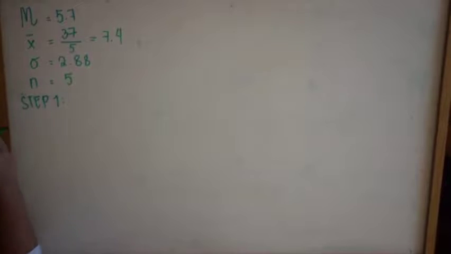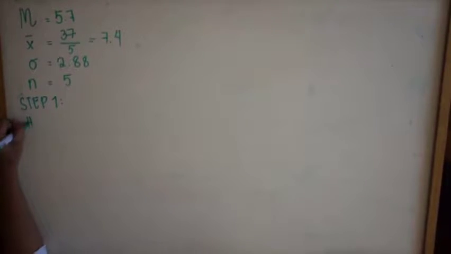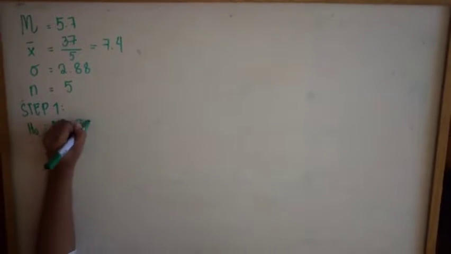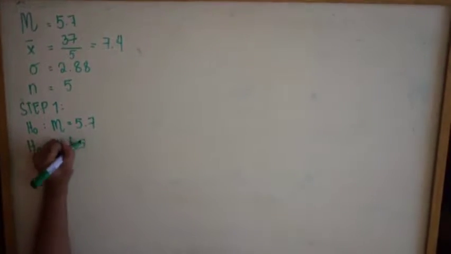Step 1. We will take the H0, mu is equal to 5.7, and HA, mu is not equal to 5.7. Step 2. We have the alpha value of 0.05.